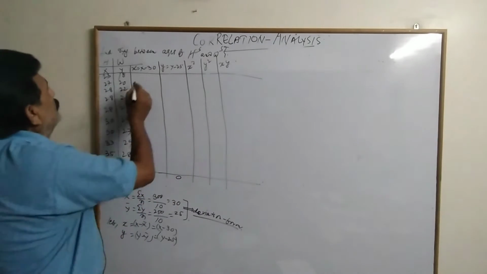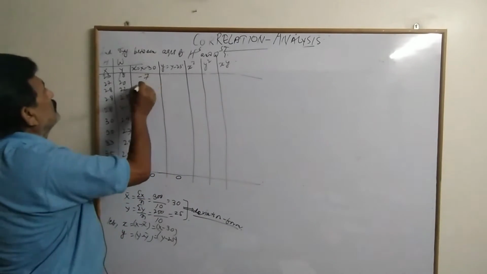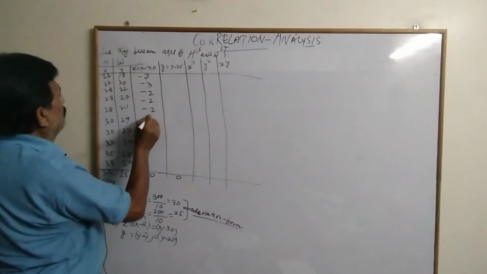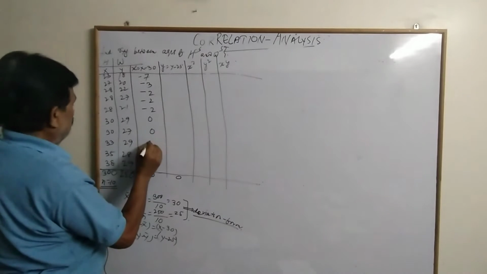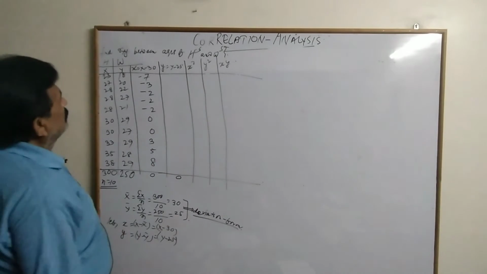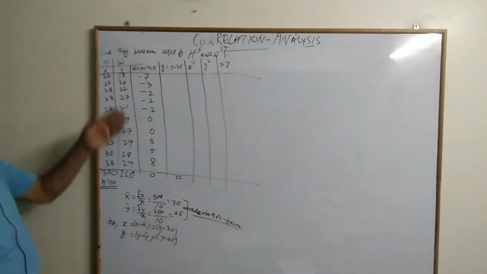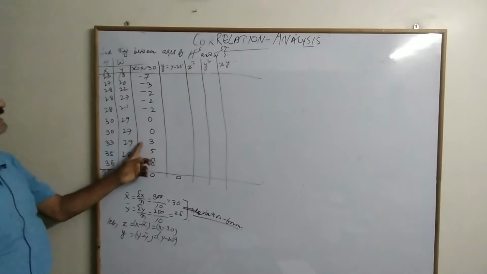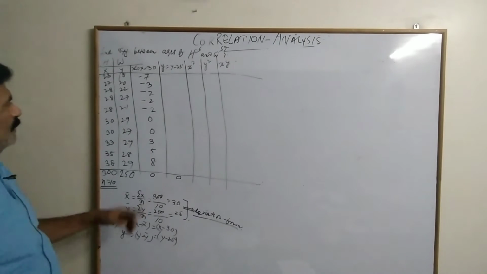Now let us find the value. Yes, minus 16 and plus 16. So absolutely it is 0.